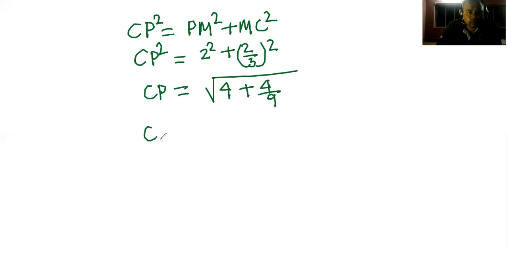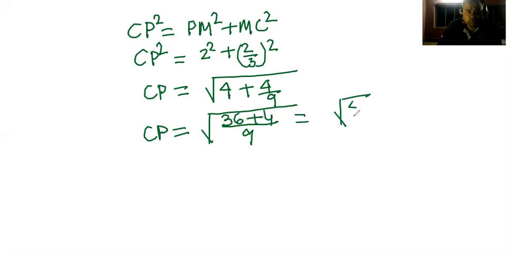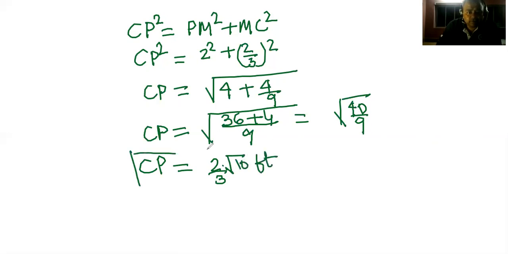So you get the value of CP as root over of 9 as LCM, 36 plus 4, that is equal to root over of 40 upon 9. So CP therefore is equal to root over of 40 upon 9. So I can write 2/3 into root over of 10 feet. So this is the answer of my first question.